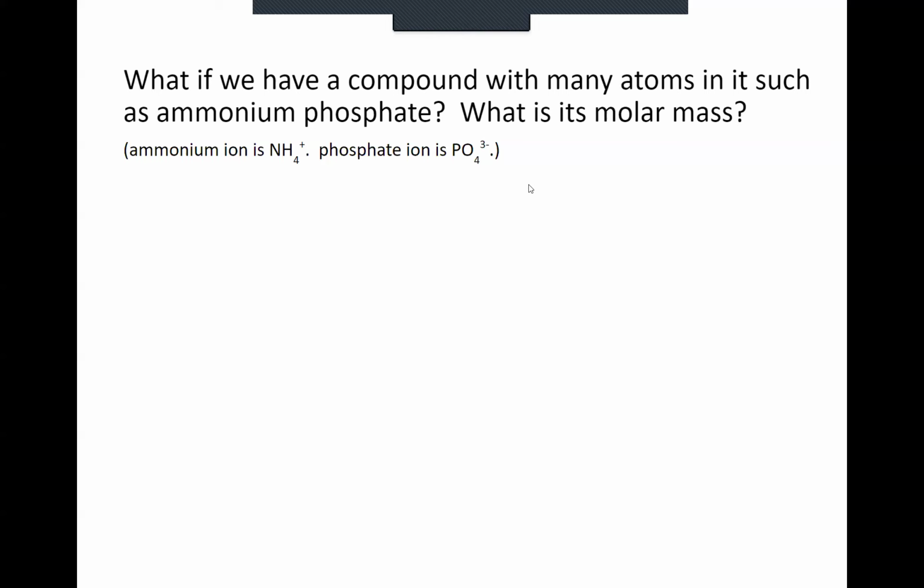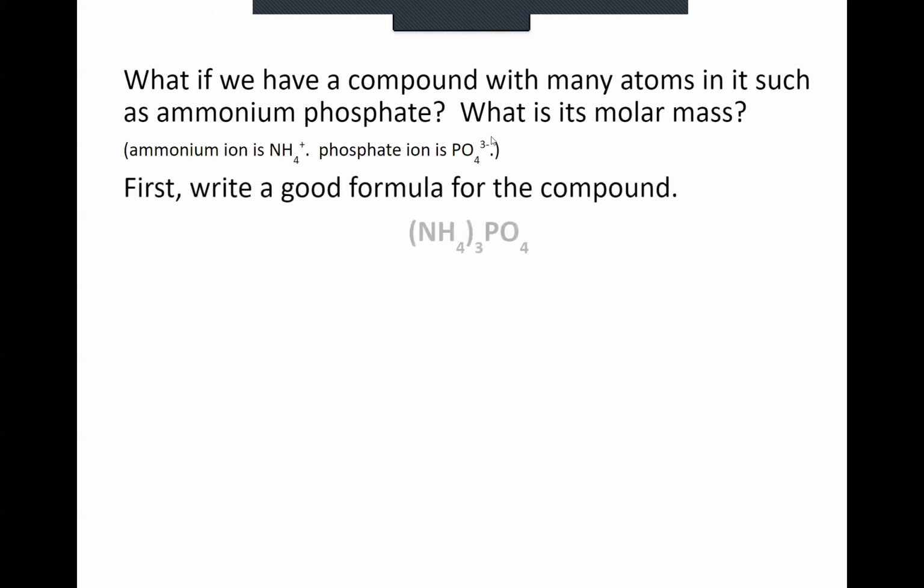So I need to refer to my list of polyatomic ions or memory and devise the formulas for those two ions. If we put those together into a neutral ionic compound, notice that ammonium's charge is 1 plus and phosphate's is 3 minus. So to write a good formula for a neutral compound, we need 3 ammonium ions for every 1 phosphate, (NH4)3PO4. Please don't confuse the subscript 4 at the end of the formula for having 4 phosphates. There's only 1 phosphate in that formula. The subscript outside the parentheses is what tells you that there are 3 ammoniums.